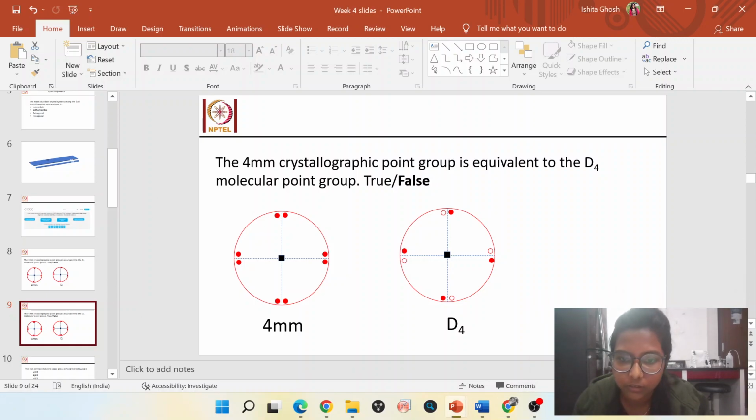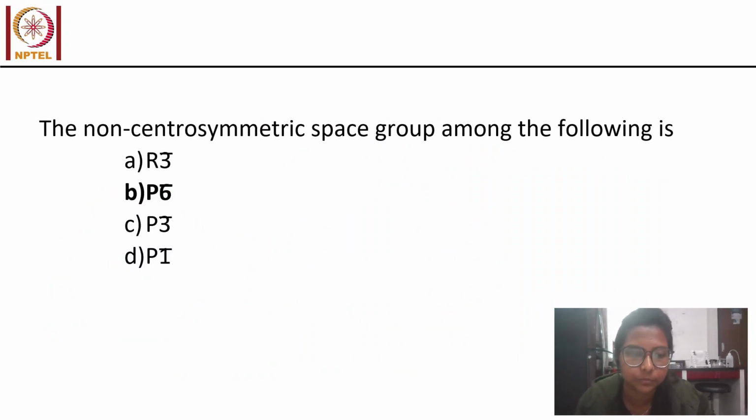Okay, so after this we had this question. This was also in assignment 2, right? Okay, so we will discuss it. In the previous live session, we talked about what are centrosymmetric and non-centrosymmetric space groups.